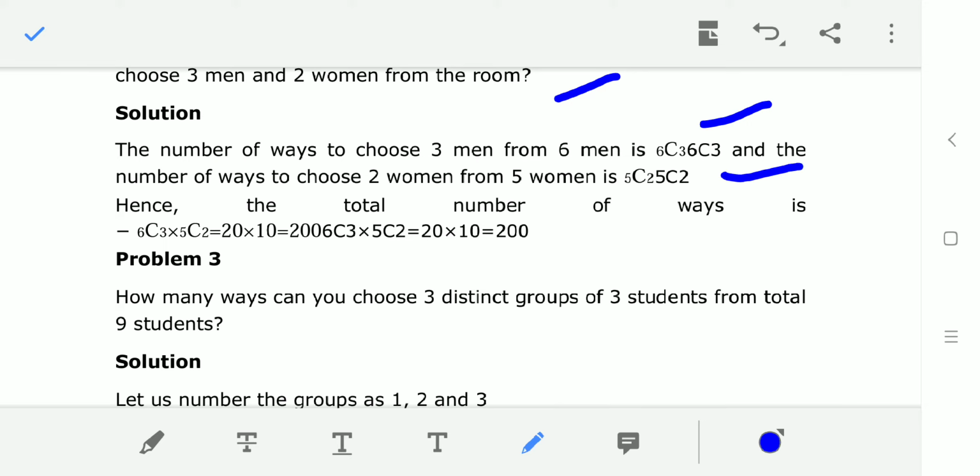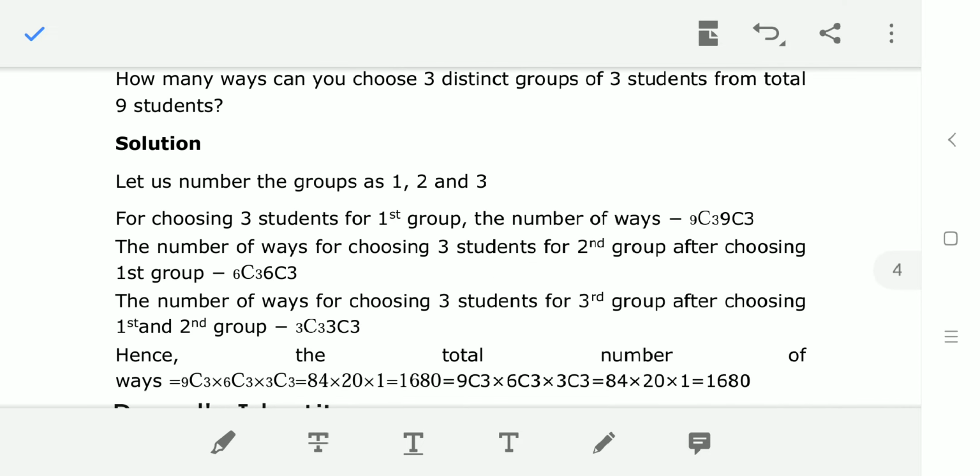Hence the total number of ways is this, and this is equal to 20 into 10 in this way. Okay, now this is the problem third.